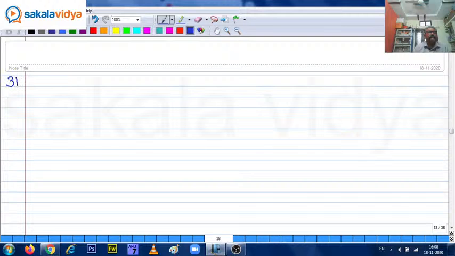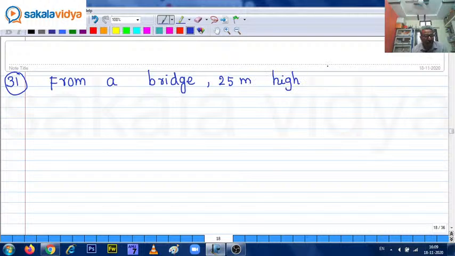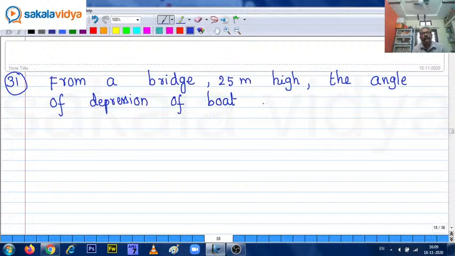31. So now 31. From a bridge 25 meters high, the angle of depression of a boat is 45 degrees.